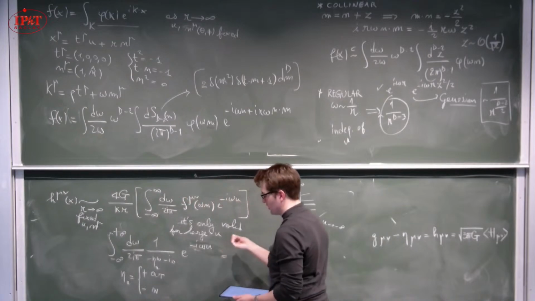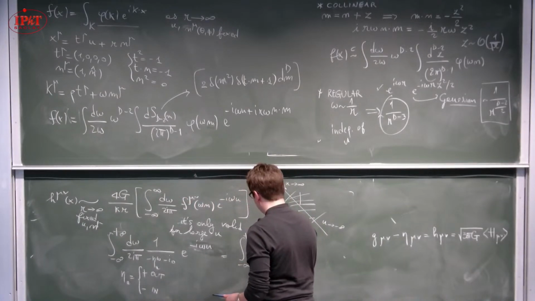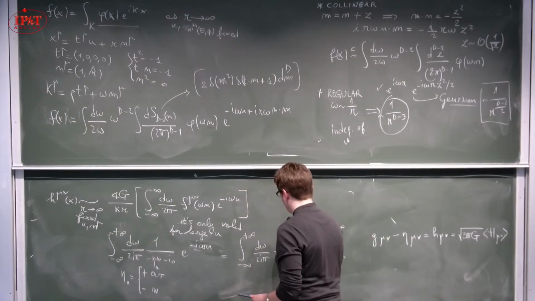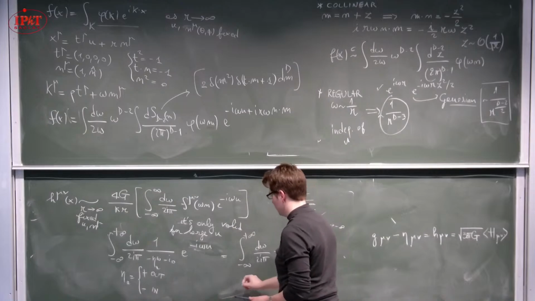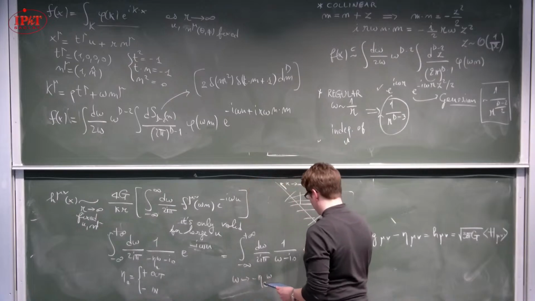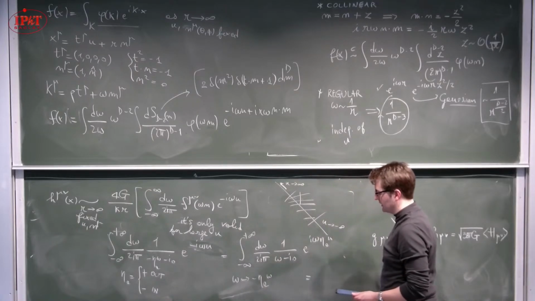Then what you can do is change variable again. So for instance, I'm changing omega to minus eta A omega. We get i omega eta A u. And this we recognize as an integral representation of the theta function, right?